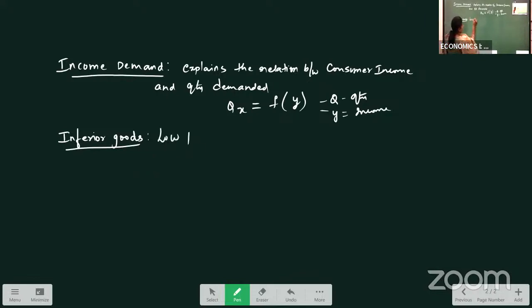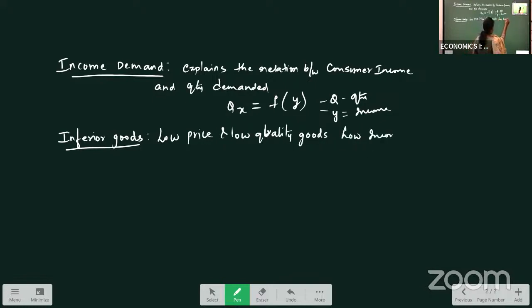Inferior goods are the low priced and low quality goods, mostly taken when people's income levels are low, right? They are less priced, they are of low quality, and they are preferred mostly when people's income levels are low.